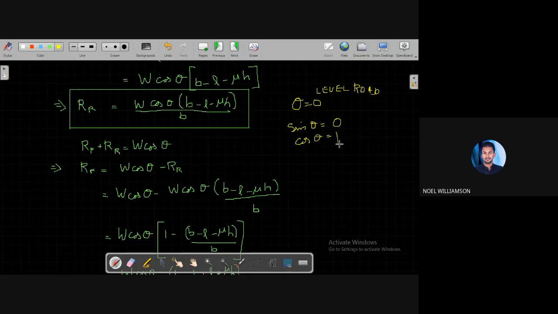And if the vehicle is moving upwards, theta becomes negative, and in that manner the values also change.